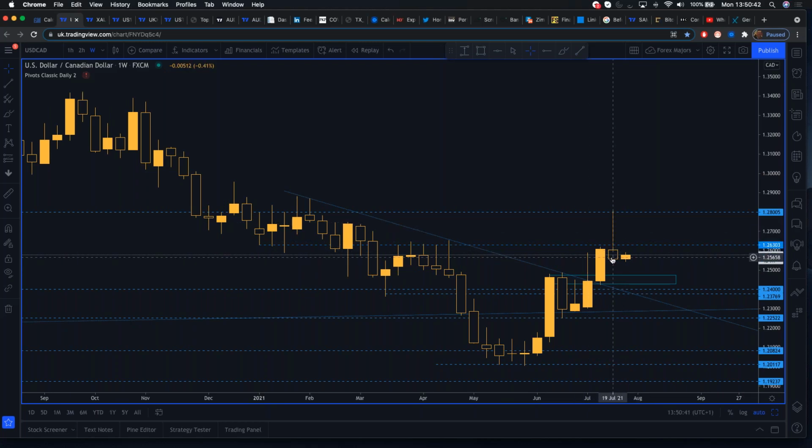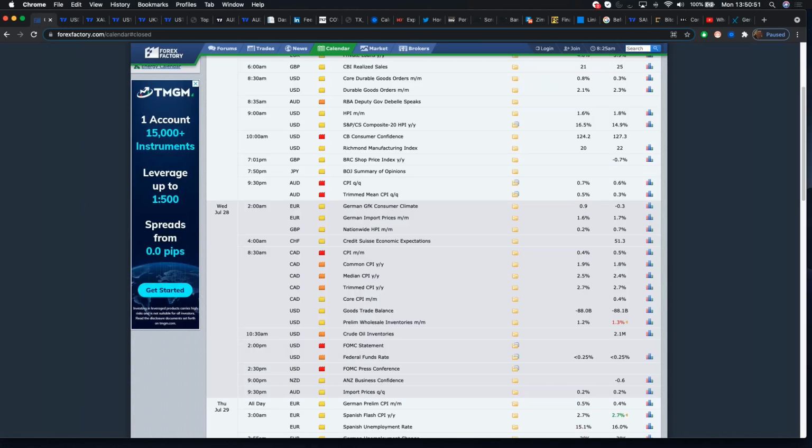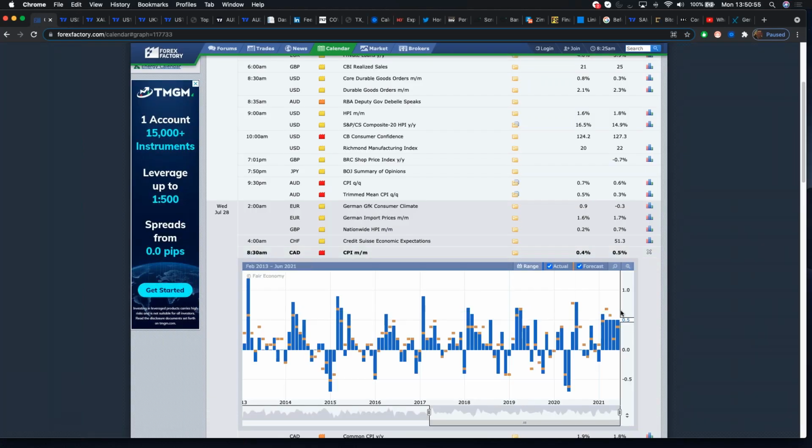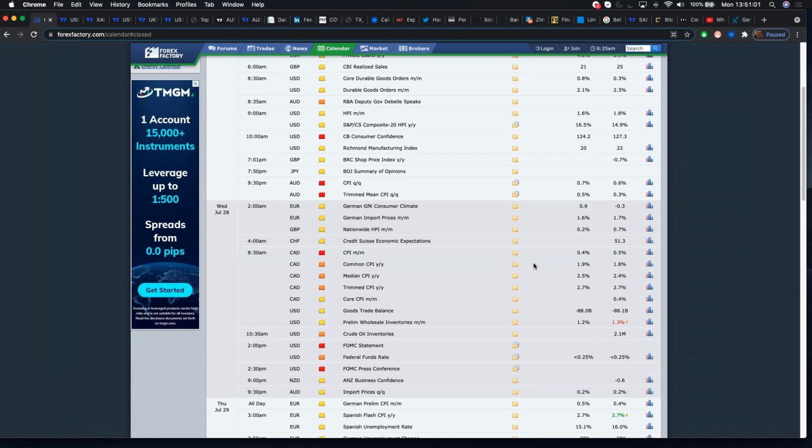If we have a reason to sell the US dollar after Wednesday, and we have a strong GDP print on Thursday, say if it comes in above 0.7% on the month-on-month, then we'd expect to see a lot of strength in the Canadian dollar.